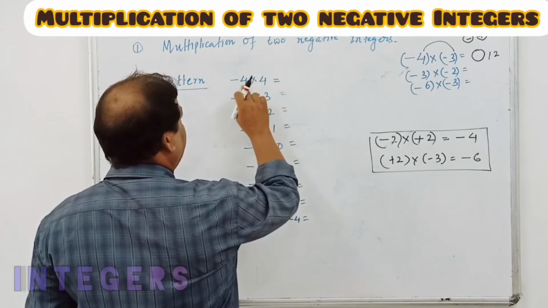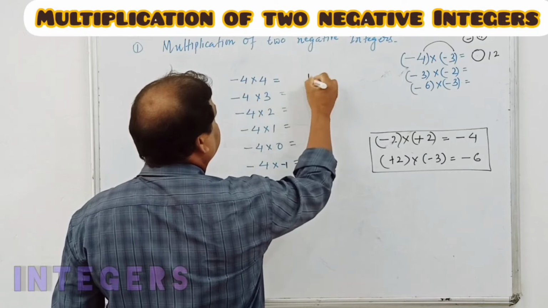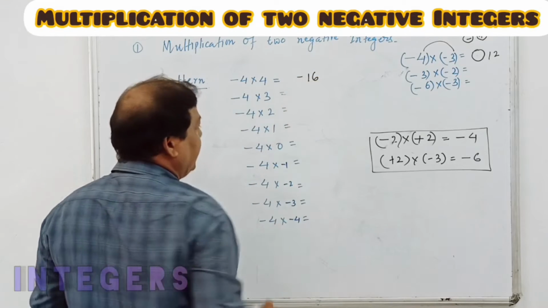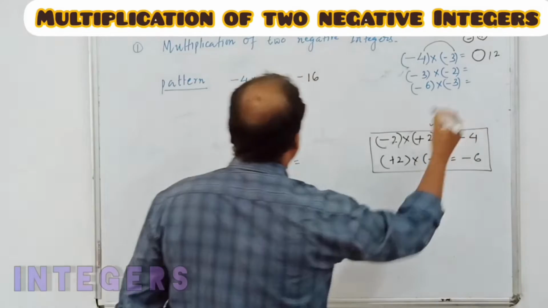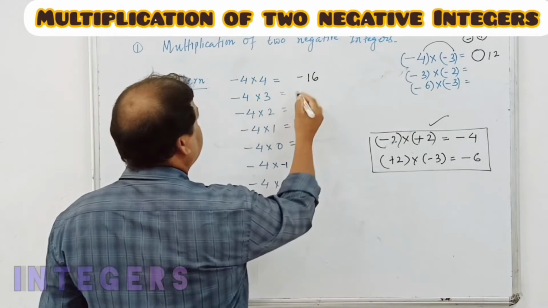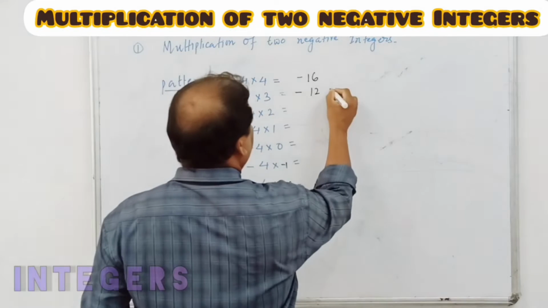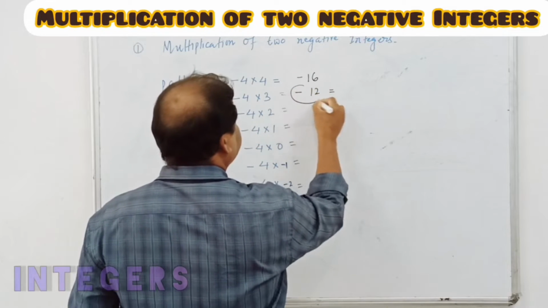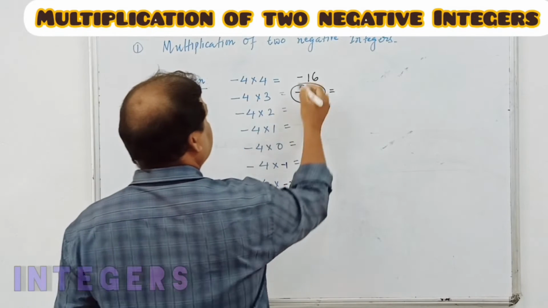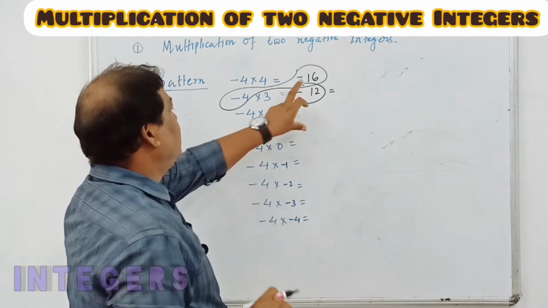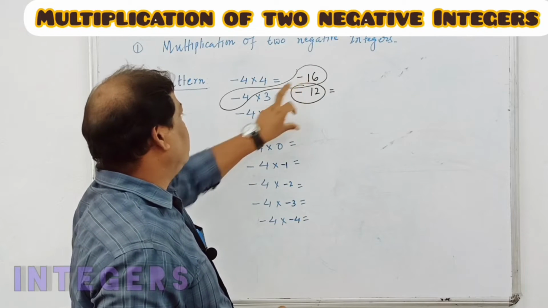You have to multiply: 4 times 4 is 16, a negative integer times a positive integer, so the result is negative, as we did in the previous section. Negative times positive, here also 4 times 3 is 12. Now we will see how minus 12 comes. You subtract minus 4 from minus 16.